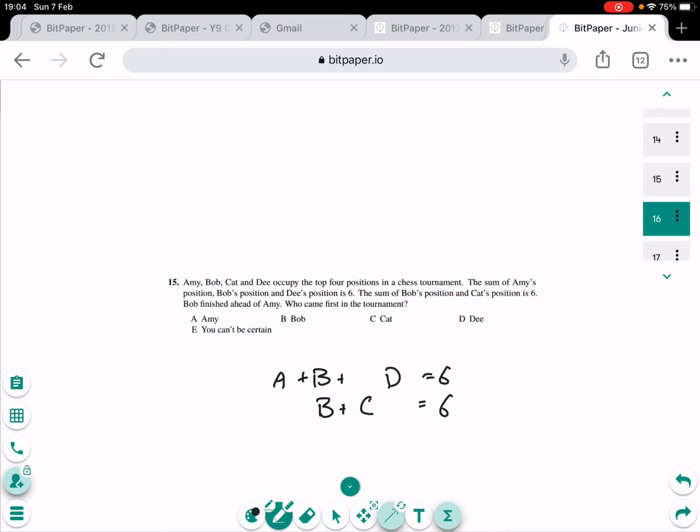For this question, you can't actually be certain because... So basically, if you look at this question... Oh wait, you can be certain actually. Who came first in the tournament?